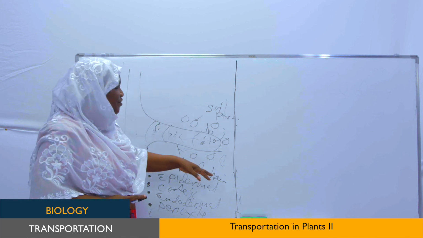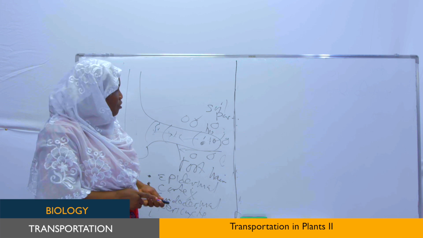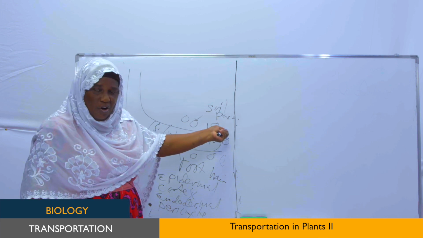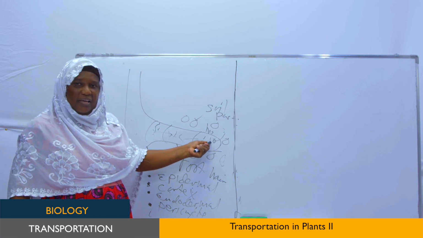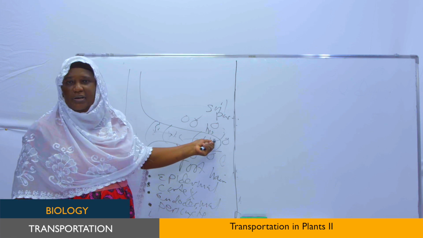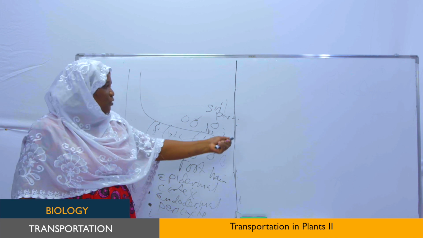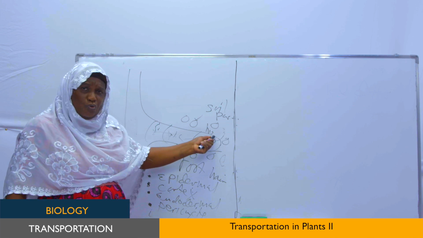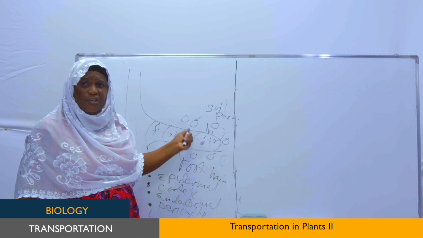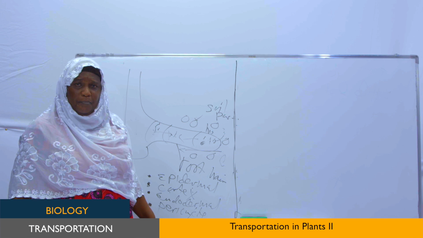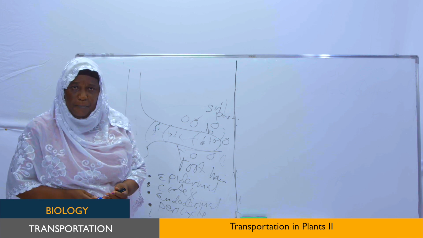And if the concentration of dissolved materials is high in the soil compared to this cell, then simple diffusion will take place. Salts will diffuse into this cell, and the material will continue to move. I think you have understood.